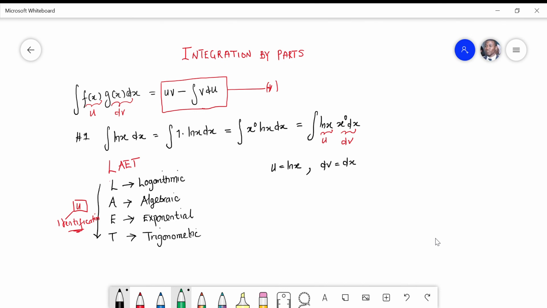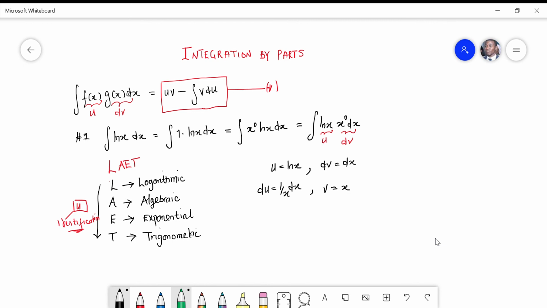So my du is going to be 1 over x dx, right? And then for my v, all we have to do is to integrate, because we need v to be slotted in the formula asterisk. When I integrate both sides, I'm going to have v equals x, right?